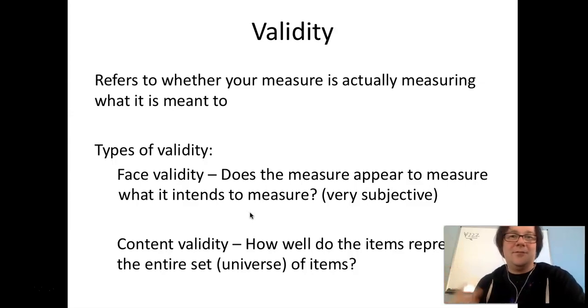But if all the items are really just asking about neuroticism or extroversion, then this wouldn't be a very valid scale in terms of content validity, because you're not asking about any of the other personality traits. So hopefully that makes sense.